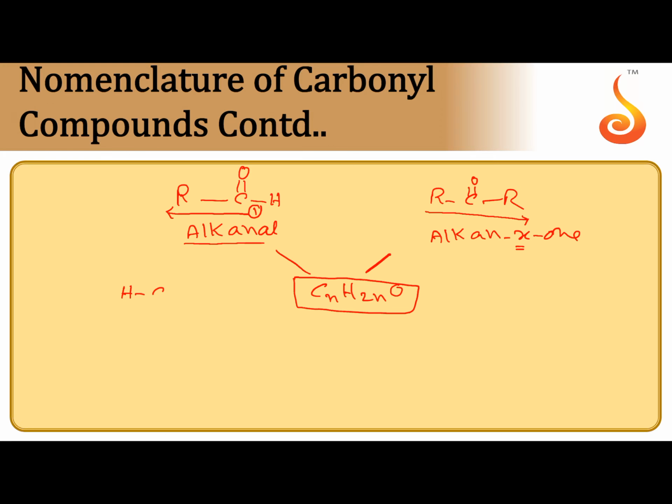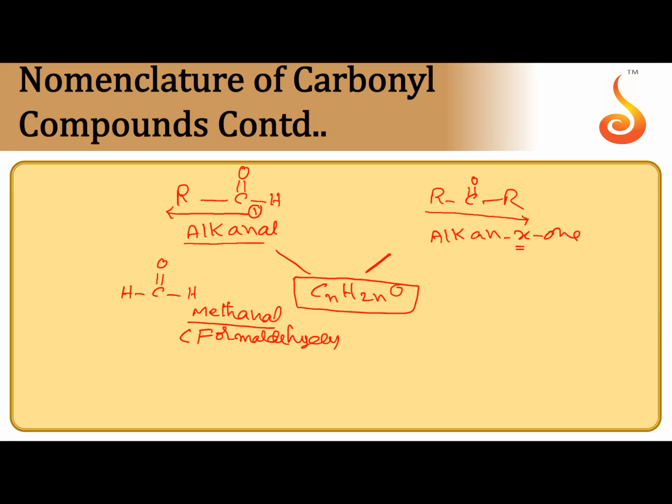The first homologue of the series is HCHO, methanal. This is the IUPAC name. The common name is taken from the common name of its parent carboxylic acid. When formic acid is reduced, we can get formaldehyde. That's why, since its parent carboxylic acid is formic acid, its name is formaldehyde.